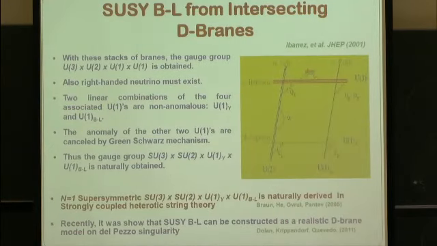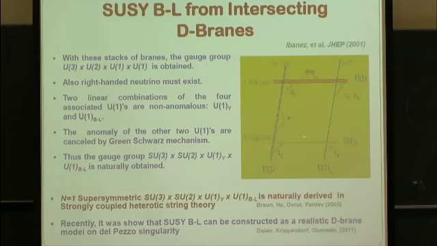Apart from the bottom-up neutrino motivations, there are also some top-down motivations, because B-L is usually obtained from the construction of intersecting D-branes, for example, as we have seen today and other days.